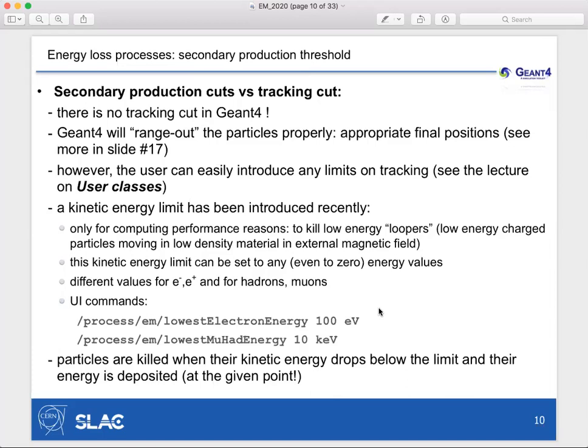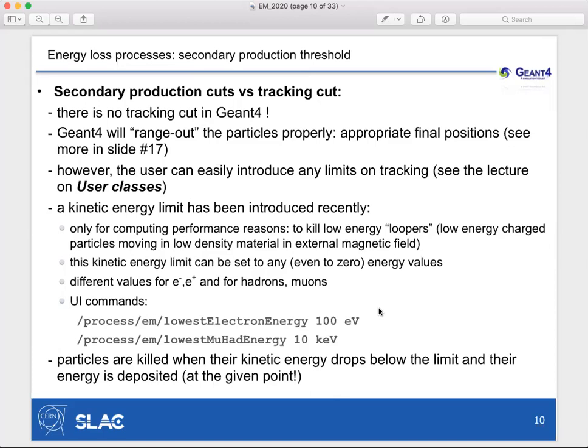But you deposit it where you are, where the particle is. What will result from ranging out the particle is actually that there will be a final step where we put this particle somewhere that more or less corresponds to the proper final position distribution. You will see how it works soon.